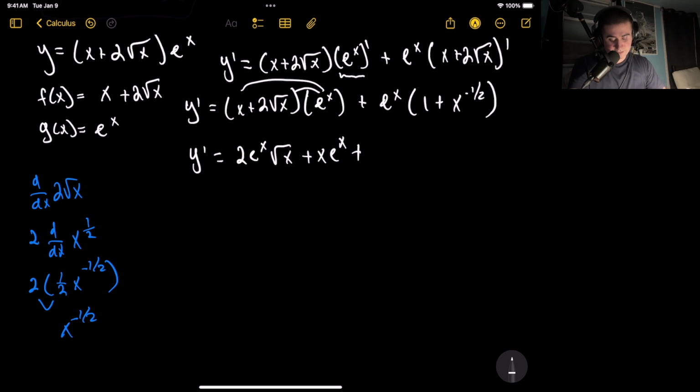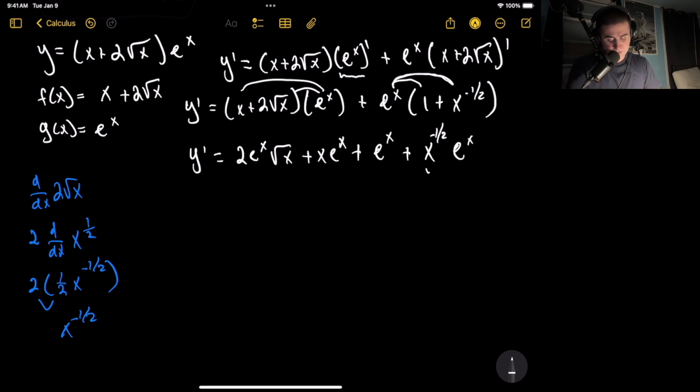And now again, we'll distribute this e to the x to both terms over here, and we're going to have e to the power of x times 1, which is just e to the power of x, and e to the power of x times x to the power of negative half is just going to be plus x to the power of negative half times e to the power of x, and this is your final answer.